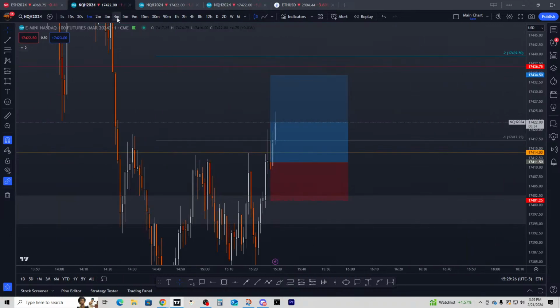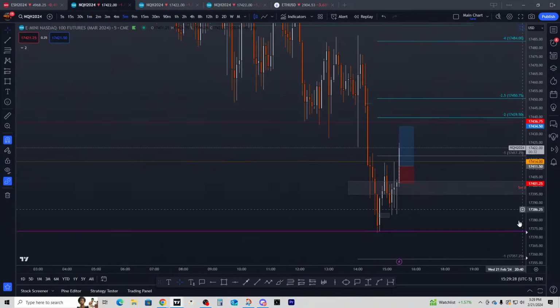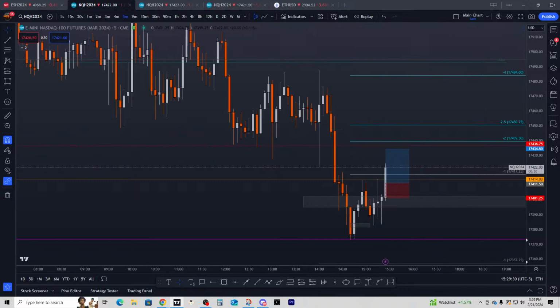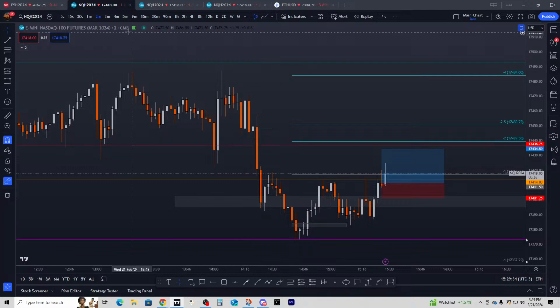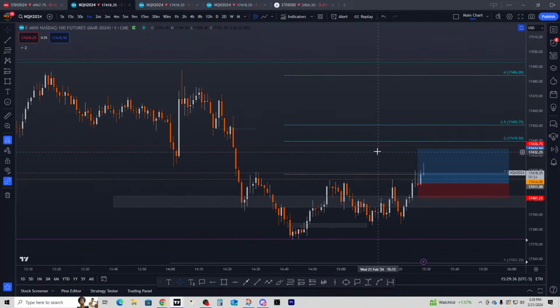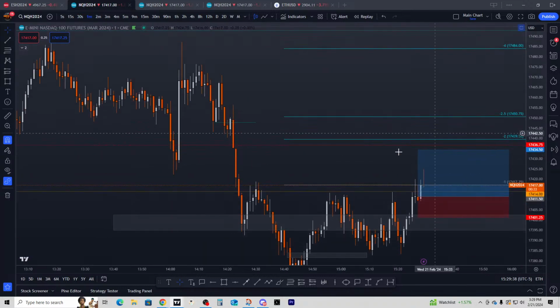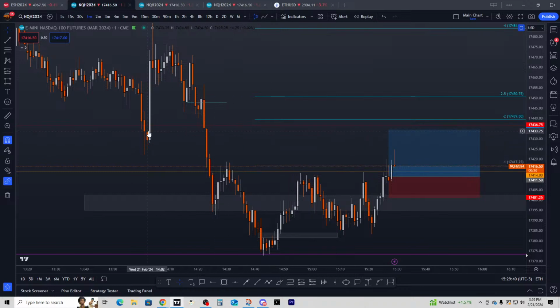Possibly reach this volume balance up here. That'd be up there. Now we're playing this breaker though, here. It's reacting right off that.